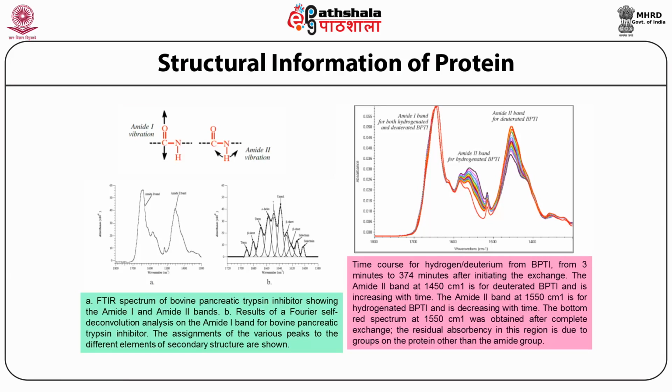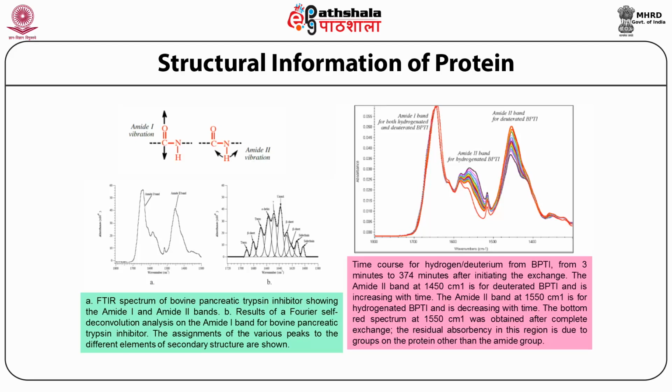Now it is the most common technique for getting the structural information of the protein, and you can see here the CO bond gives you the amide 1 vibration bands, and the NH group gives the amide 2 vibration, and here you can see the amide 1 and amide 2 FTIR peaks.